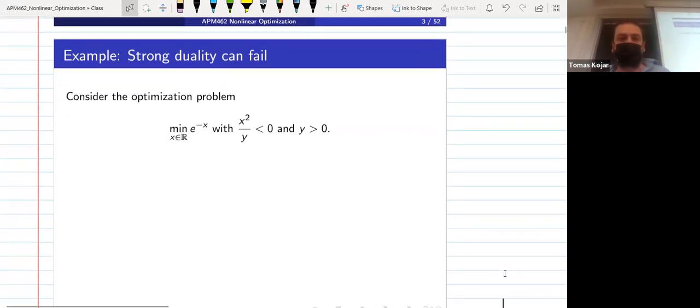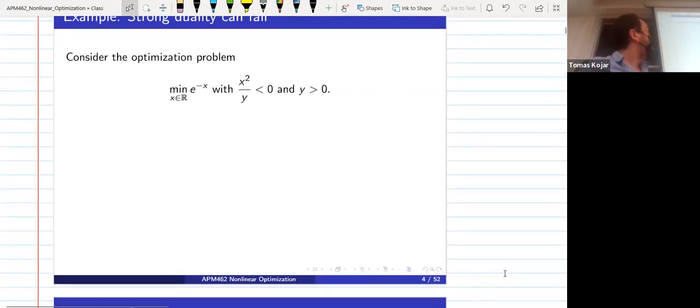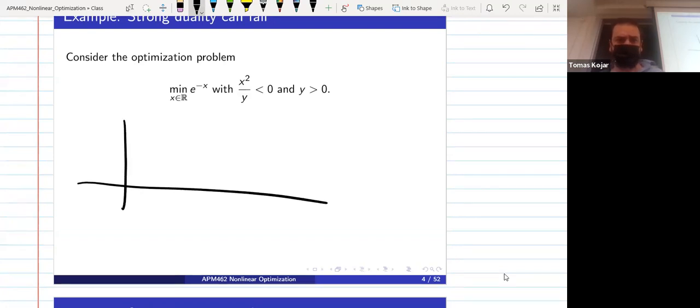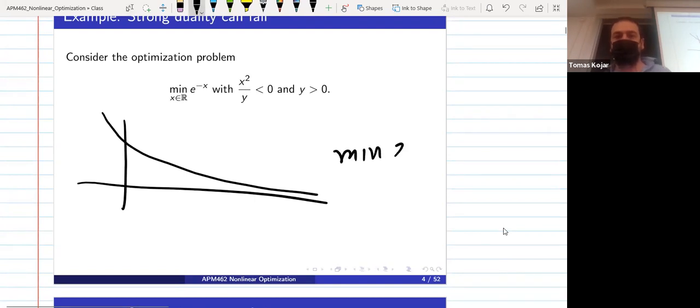Strong duality can fail. We talked about this. So this is a problem of e to the minus x. So it goes like this. And you can see from the picture that the minimizer is 0. Right? So minimum of e to the minus x is 0.